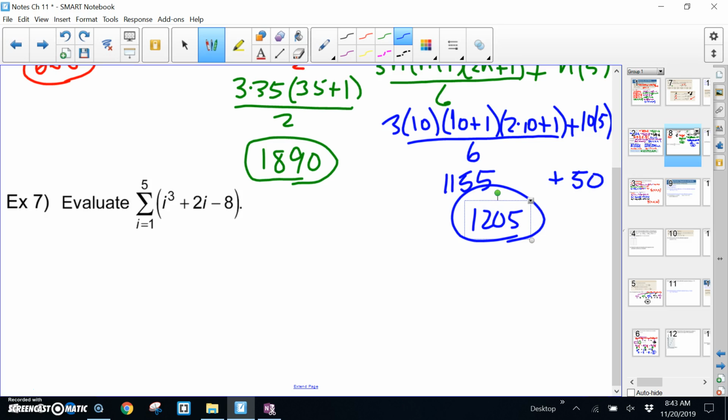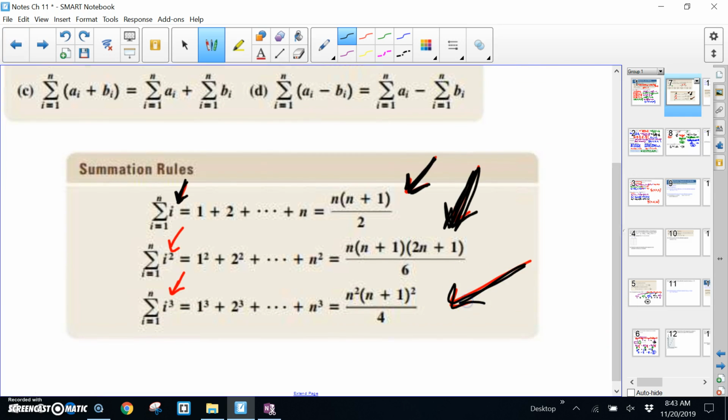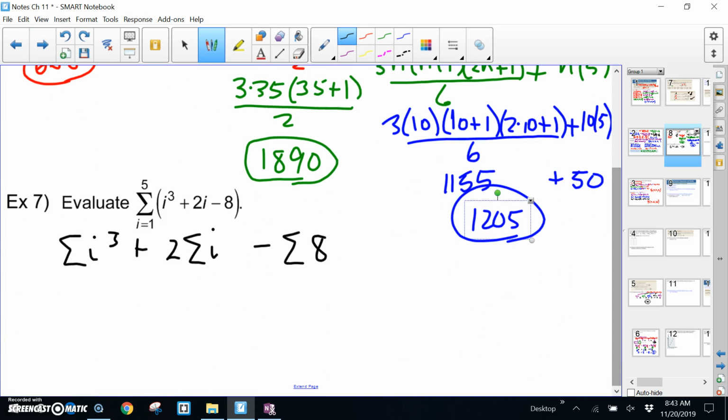Example 7 is the same kind of deal, but I've got to split it up a couple of ways. I'm going to have a sigma i cubed plus, I've got that constant 2 in the front, sigma i, minus a sigma 8. For i cubed, go back and look at i cubed's shortcut. It's this one. So that's going to be n squared times n plus 1 squared over 4.